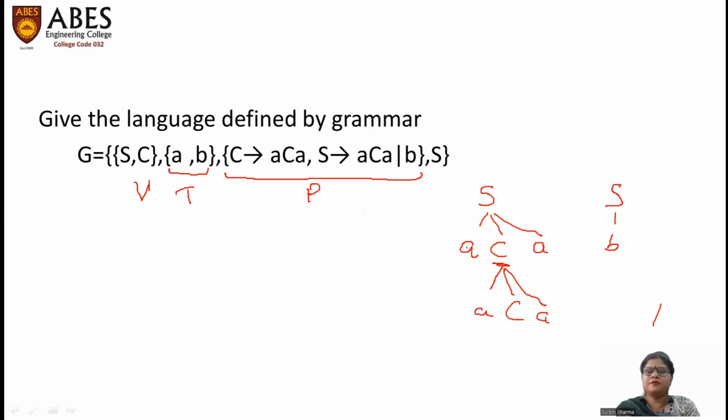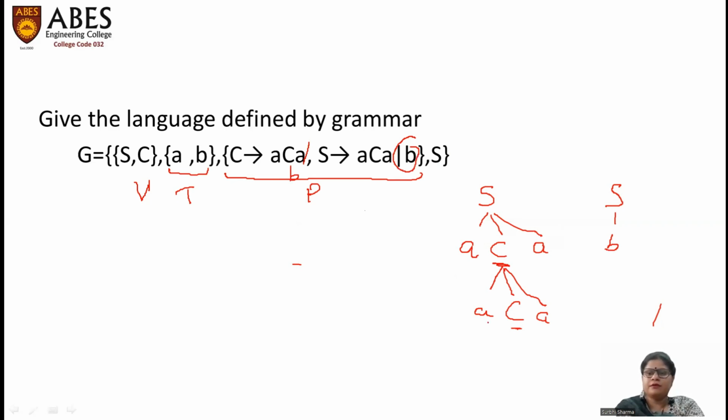What are we observing here? The number of A's before C and the number of A's after C will remain the same, right? It is a kind of mediator separating the A's coming before it and the A's coming after it, and the number of these A's will always be the same. So what kind of string will be generated here? There's one correction: this B should be here, not here.